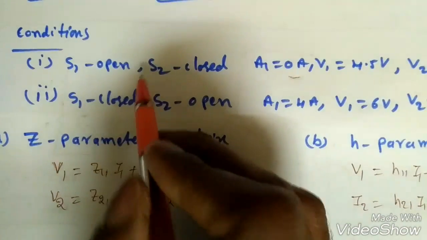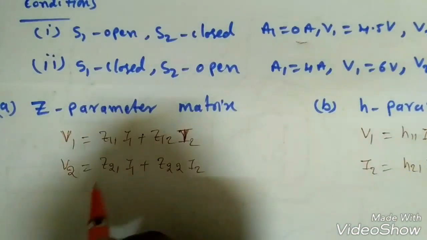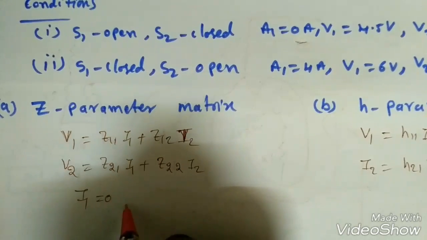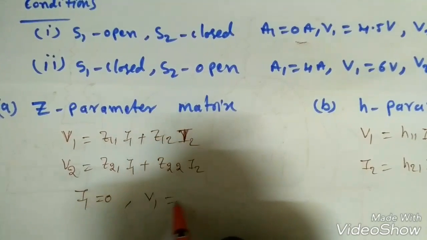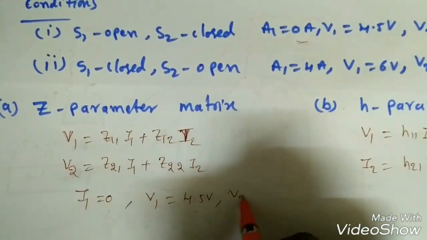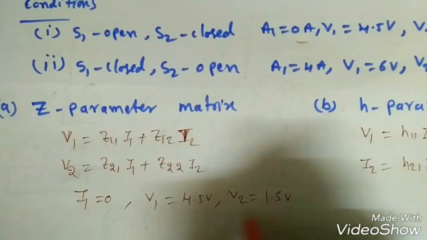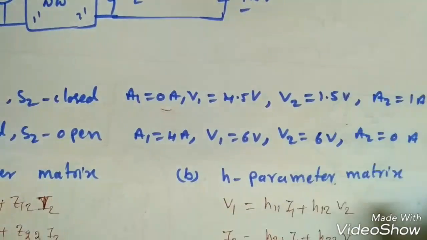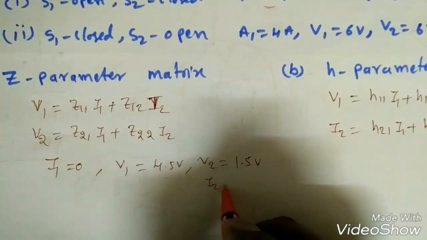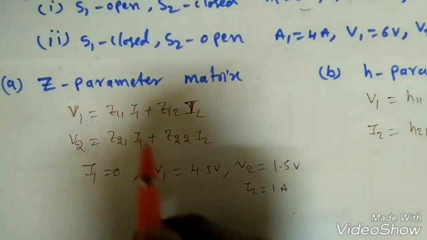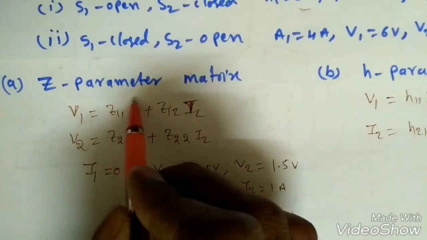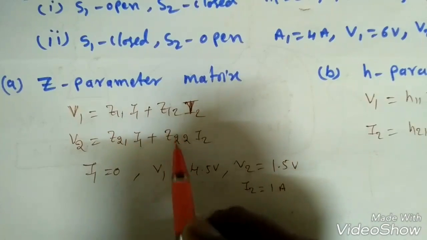S1 is open means A1 reads 0. That means I1 is equal to 0 ampere, V1 is 4.5 volts, V2 is 1.5 volts and A2 reads 1 ampere, so I2 is 1 ampere. Now I1 is 0, so we get Z12 and Z22.